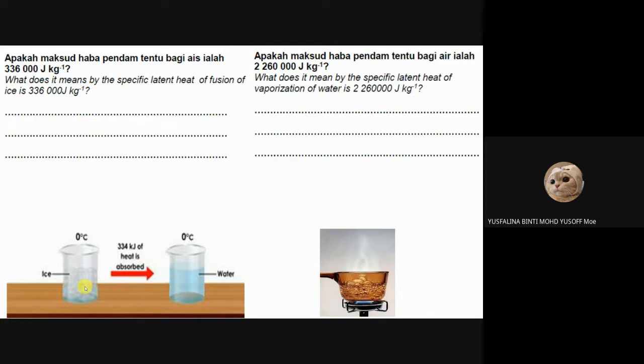Very correct. Because they give you a diagram here, and ice means you already know it should be specific latent heat of fusion, so there is a change from solid to liquid. But let's say they give you a general question: what does it mean by specific latent heat of fusion? They didn't give you ice or water.